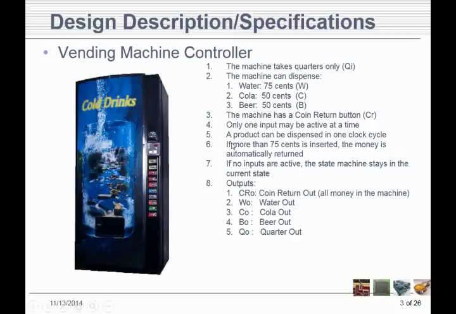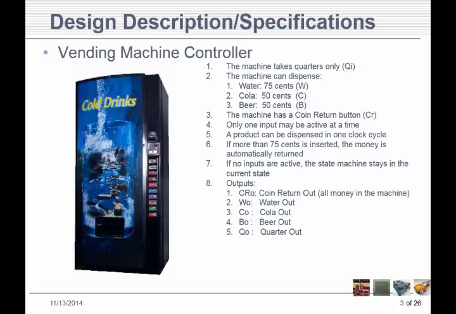Okay, so this is important too. A product can be dispensed in one clock cycle. So we get a pulse that should turn on something that would say, okay, dispense a cola or dispense a beer.